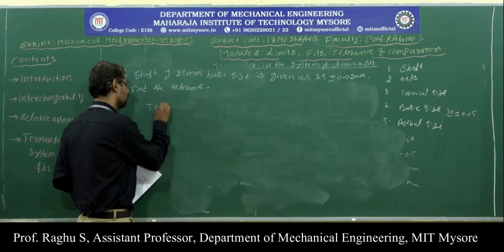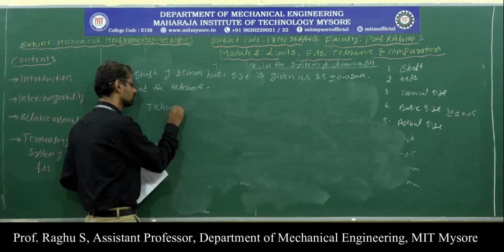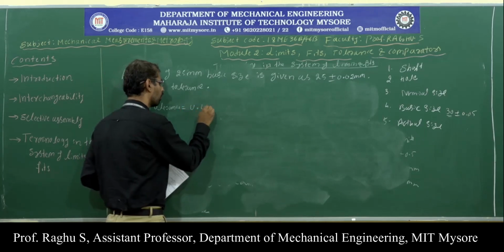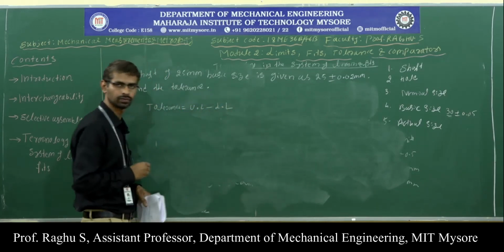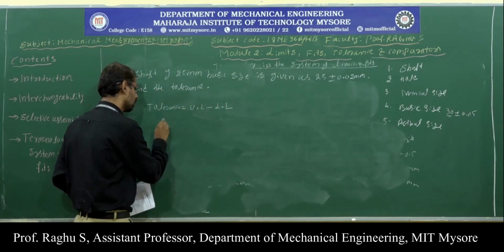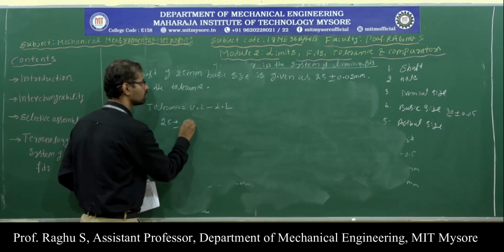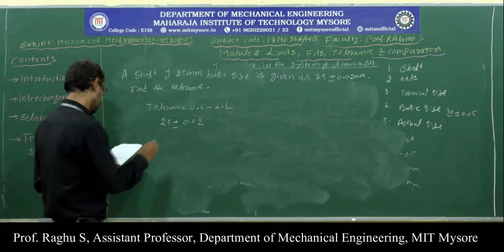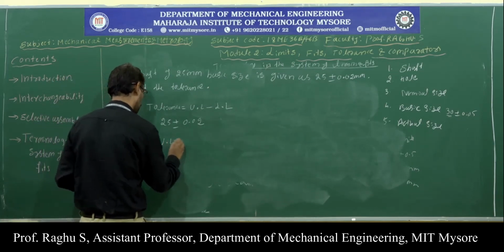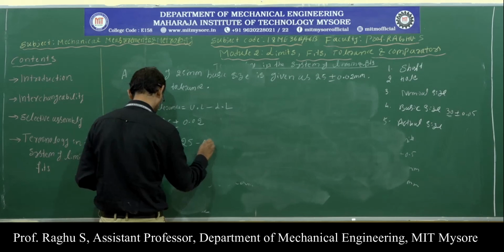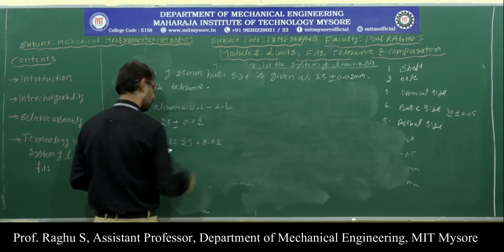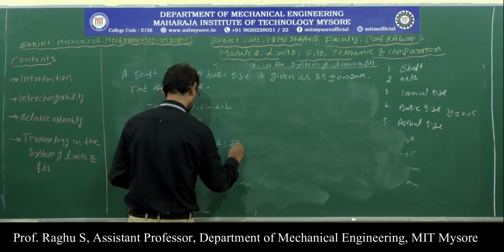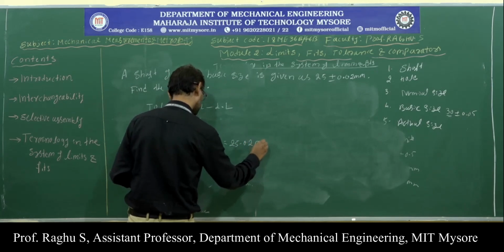Tolerance is nothing but upper limit minus lower limit. The given dimension is 25 plus or minus 0.02 mm. So the upper limit is 25 plus 0.02, therefore 25.02 mm.